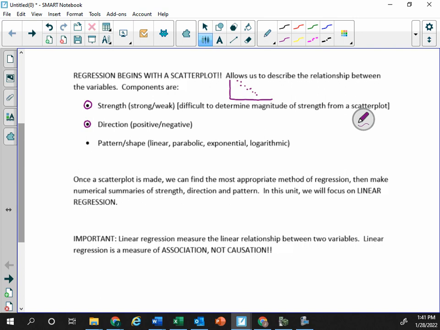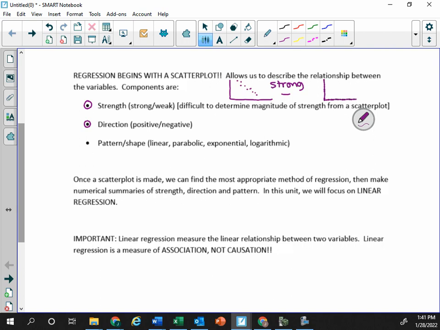Strong, yeah. It's pretty close to being in a line, right? That means it's a strong relationship. Do you think it's a positive or a negative? Negative. Yeah, the slope is negative, right? So that is a strong negative scatter plot.